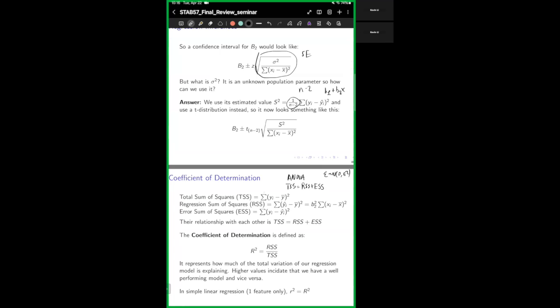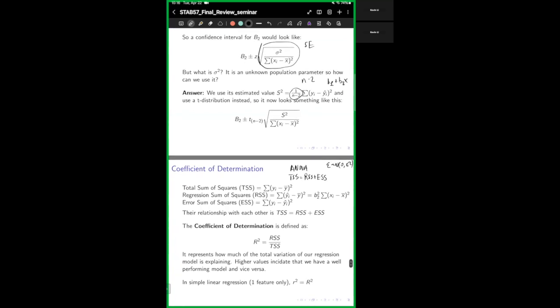The total sum of squares is just the sum of (yi minus y bar) squared. The regression sum of squares is our best fit, the sum of (yi hat minus y bar) squared. And the error sum of squares is equal to the sum of (yi minus yi hat) squared, which is the sum of squares of all the residuals.